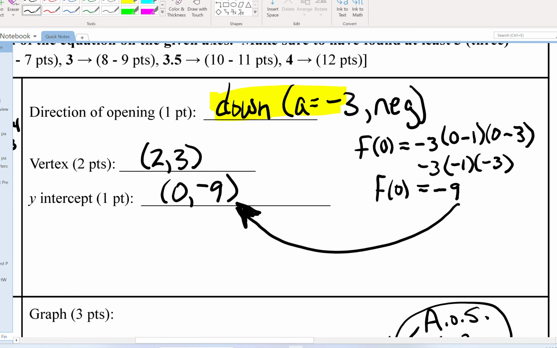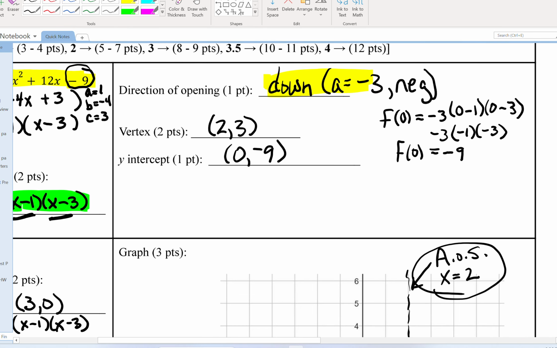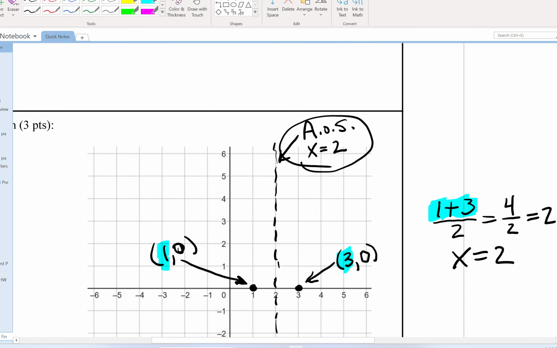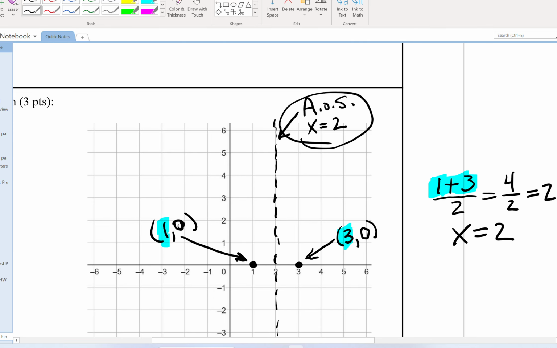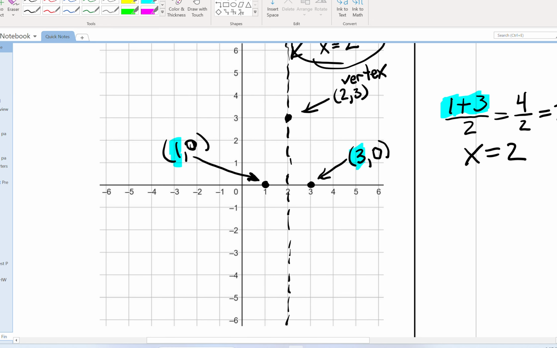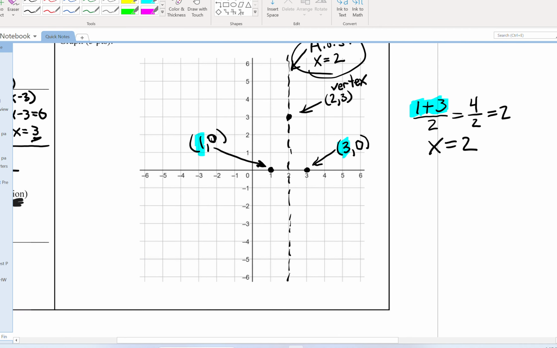Okay, let's see. So let's graph these points. 2, 3. So this right here, 2, 3, and that's my vertex. And my y-intercept is down here at negative 9.